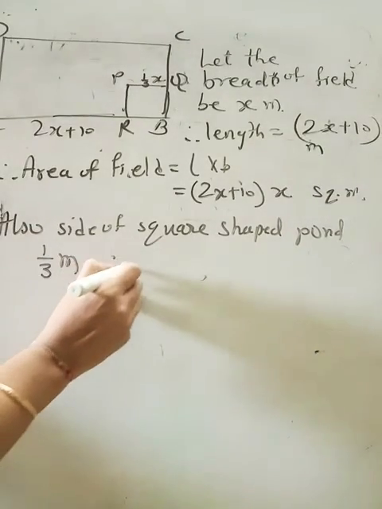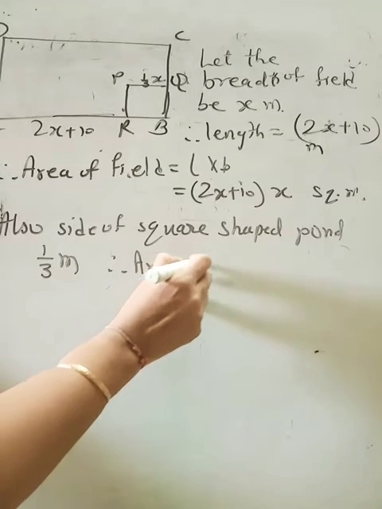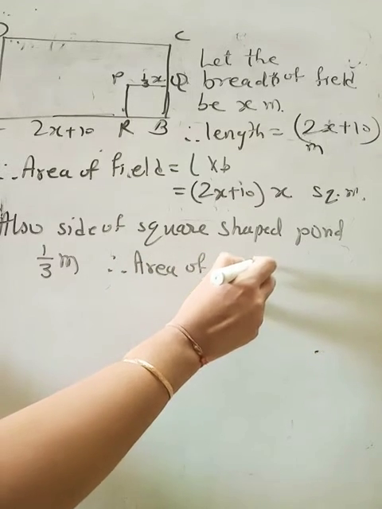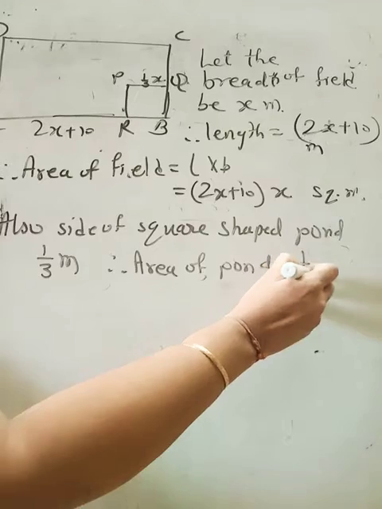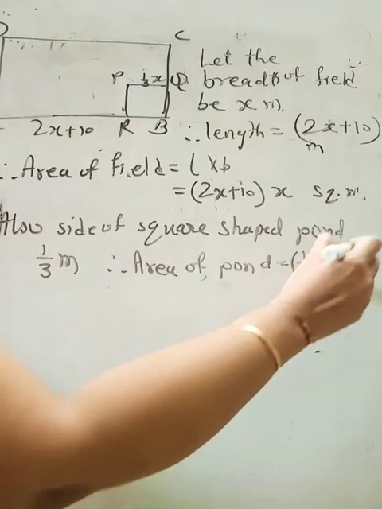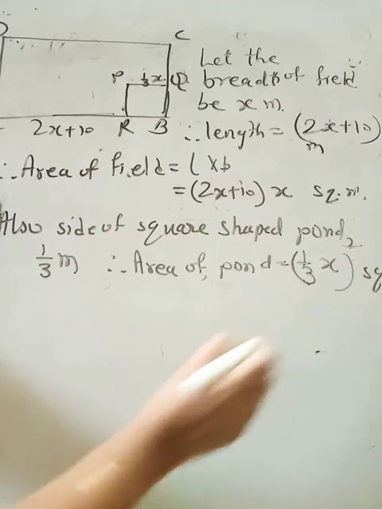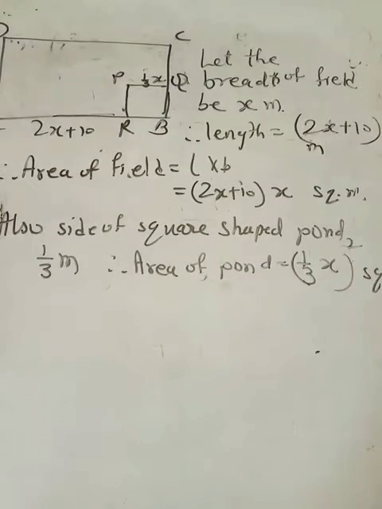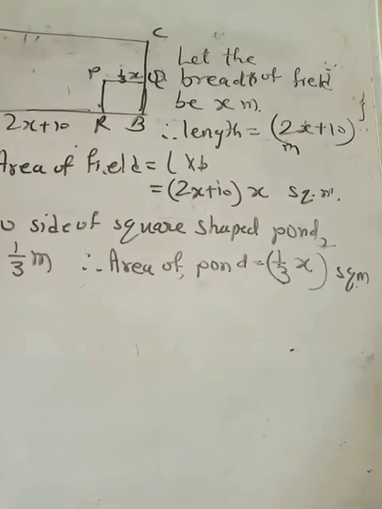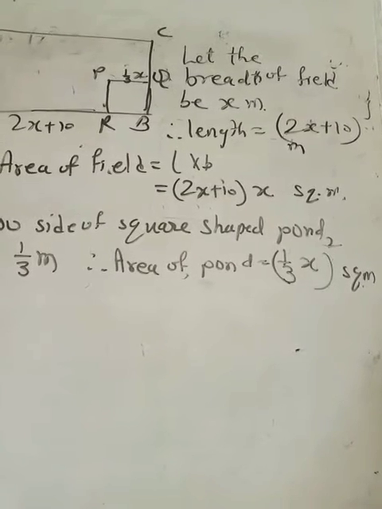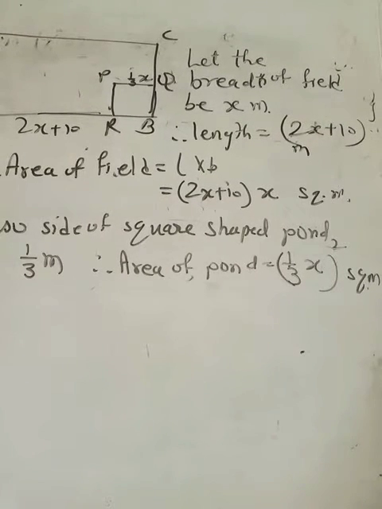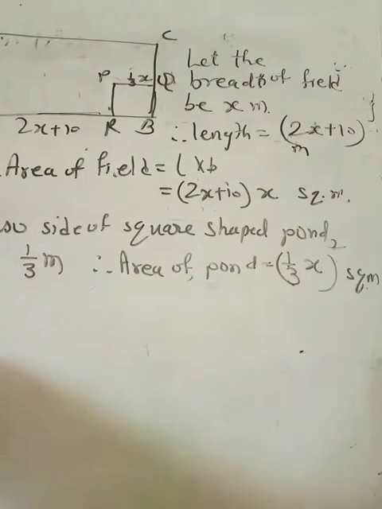So therefore area of pond will be (1/3 of x) the whole squared, square meters.